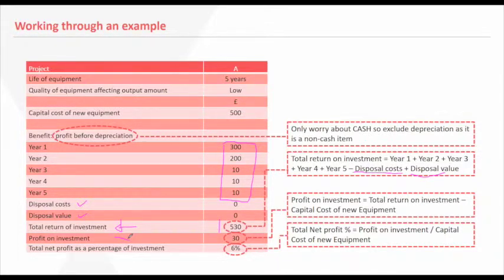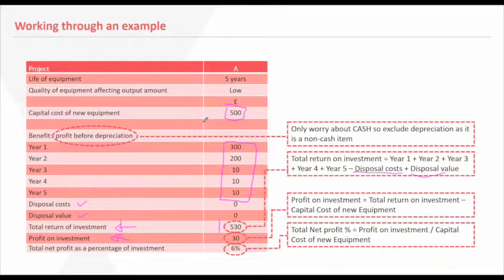We then can work out what the profit on our investment is. And we do that by deducting the capital cost, that initial time zero cost of our piece of equipment, from our total return. So you can see that our total return, when we added together our cash flows and we deducted any disposal costs and we added in any disposal proceeds that we got, disposal value, our total return was £530.